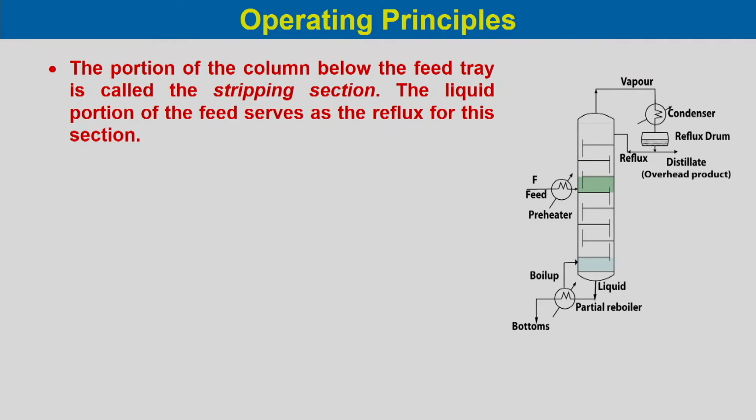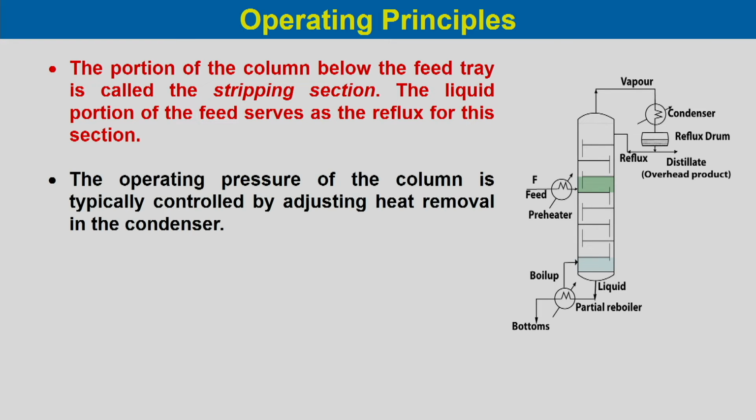The portion of the column below the feed tray is called the stripping section. The liquid portion of the feed serves as the reflux of this section. Some of the feed as well as the reflux coming from the top serve as the liquid flow below the feed tray, and that is called the stripping section.